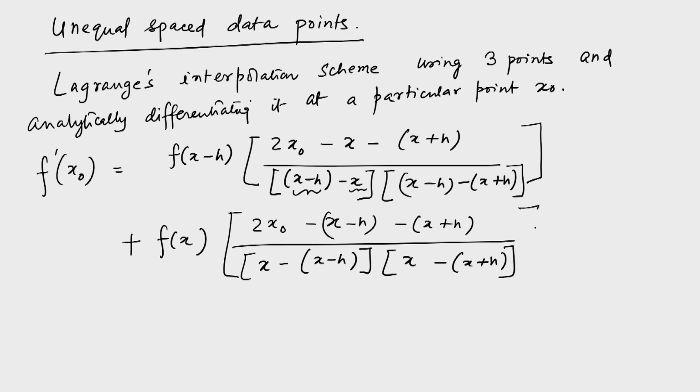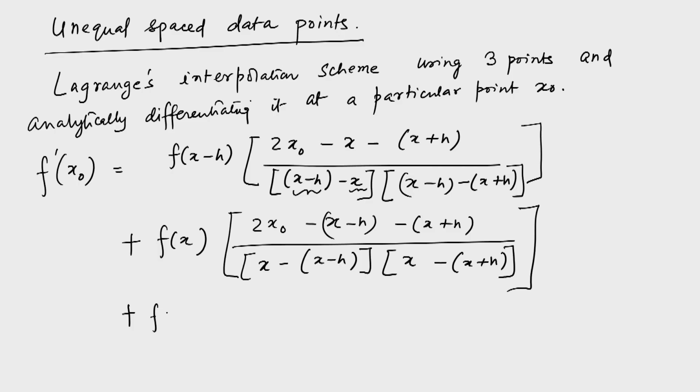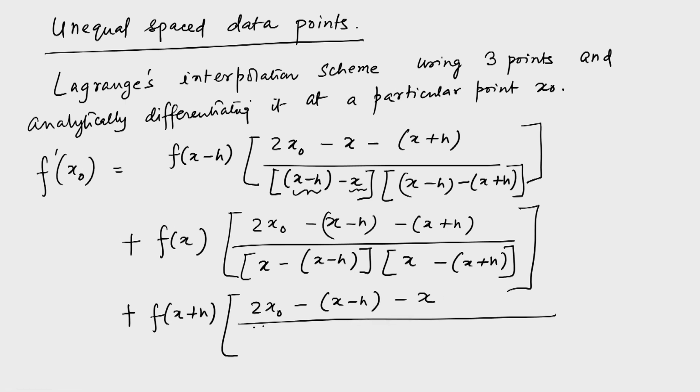These are analytically done from the Lagrange's interpolation polynomial. You need to go back and check with the formula that we have written down there, and similarly x plus h is nothing but 2 x naught minus x minus h minus x, divided by x plus h minus x minus h and x plus h minus x.